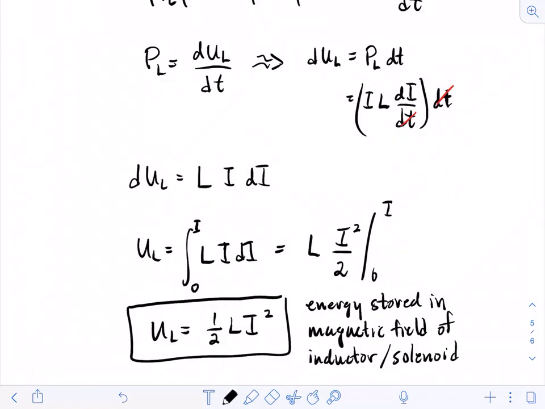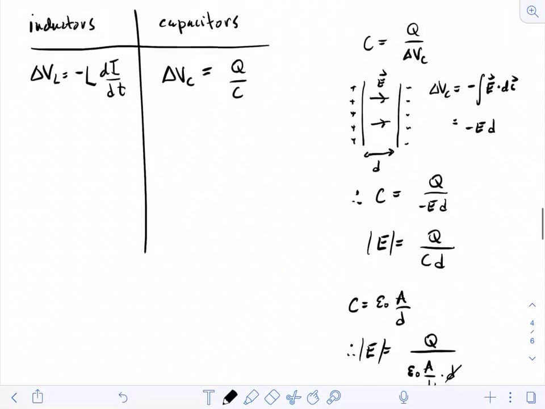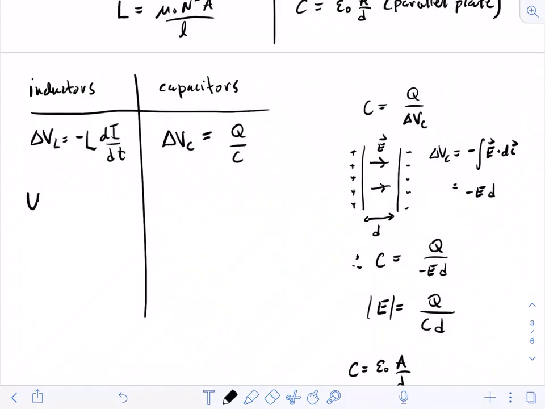Okay, so 1/2 L I squared. So this is U_L, 1/2 L I squared. If you think back to what we did for capacitors, we also calculated the energy associated with a capacitor.